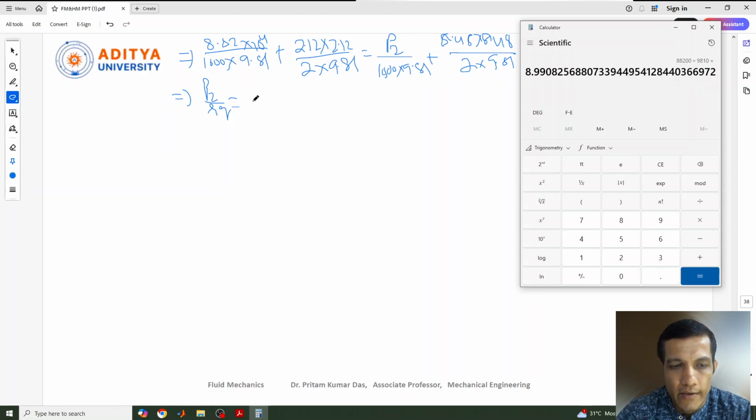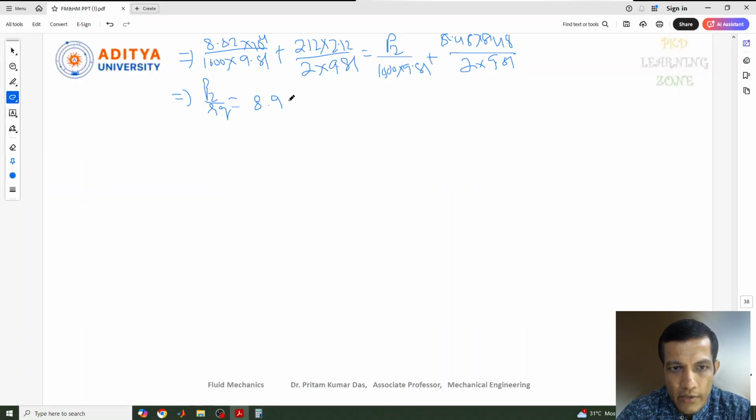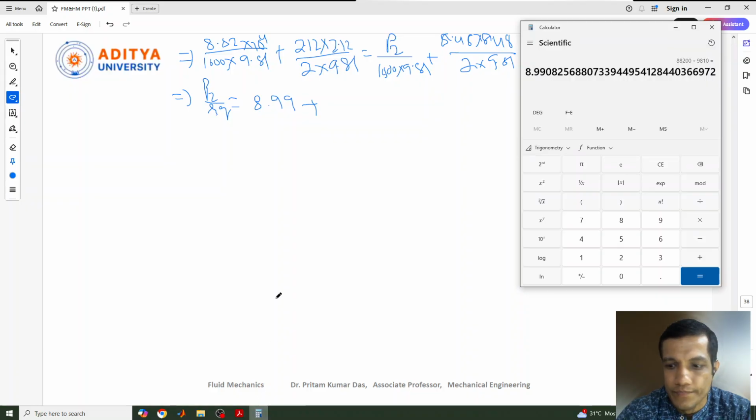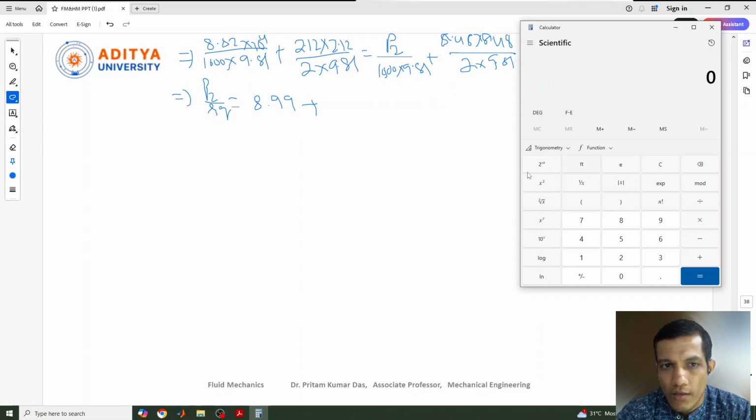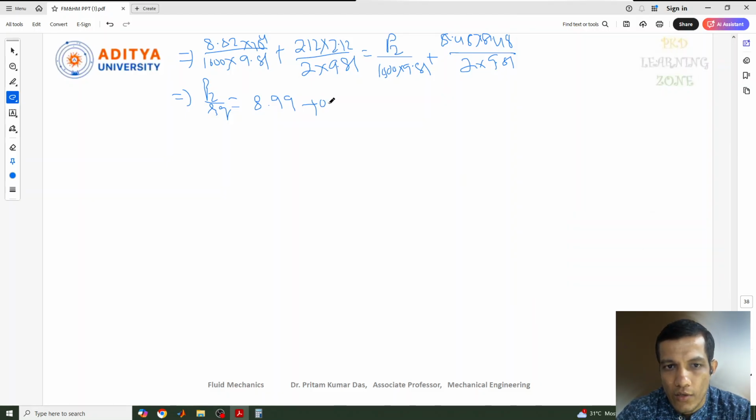So we get 8.99, plus 2.12 into 2.12 divided by 19.62, which is 0.229. And this value I'll take to this side, so it will get a minus.